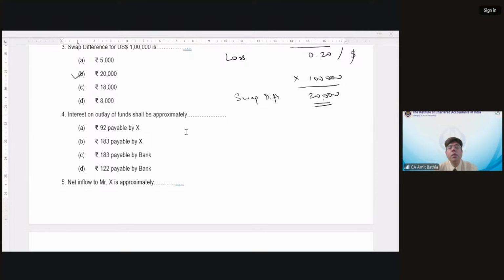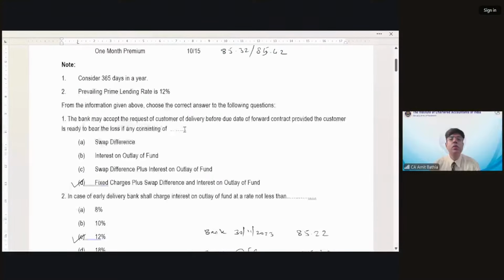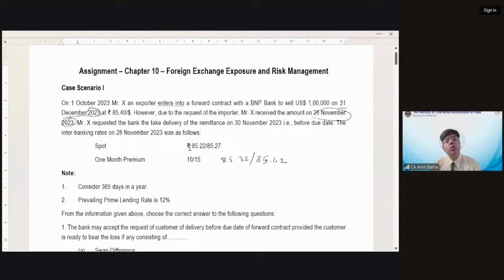So if the bank is essentially, on 28th November, going to buy at 85.22.